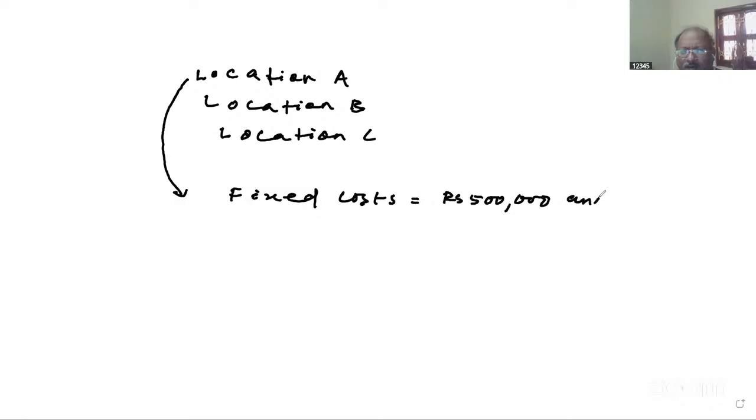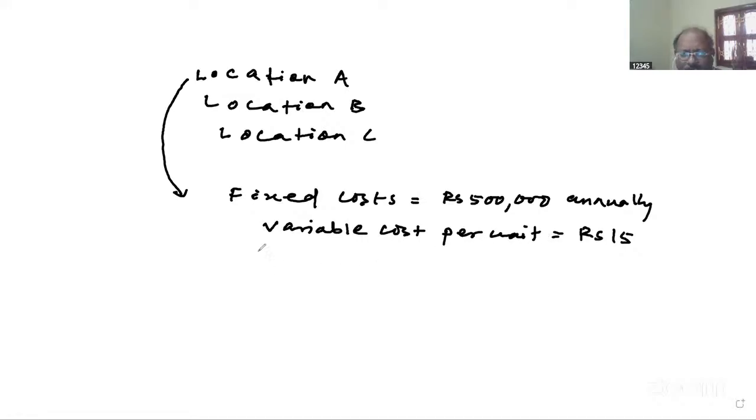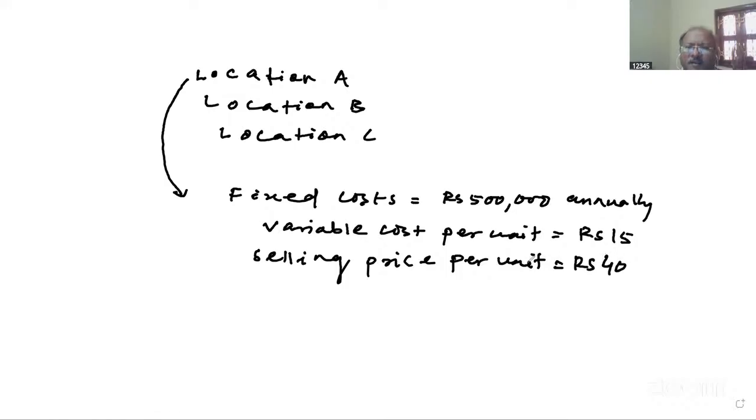The variable cost per unit is also given as rupees 50, and the selling price per unit is rupees 40.